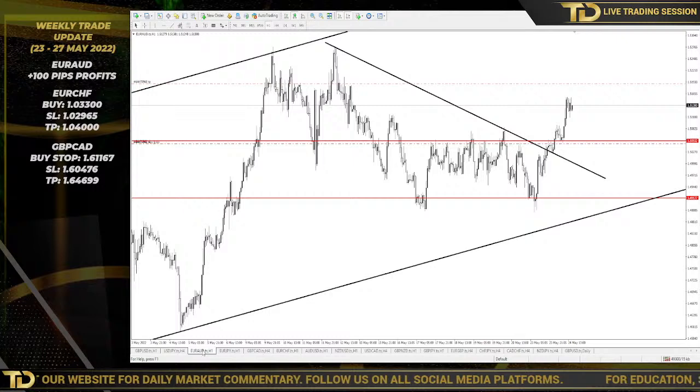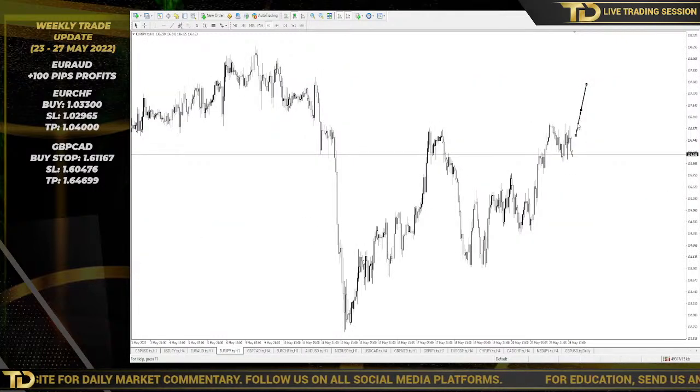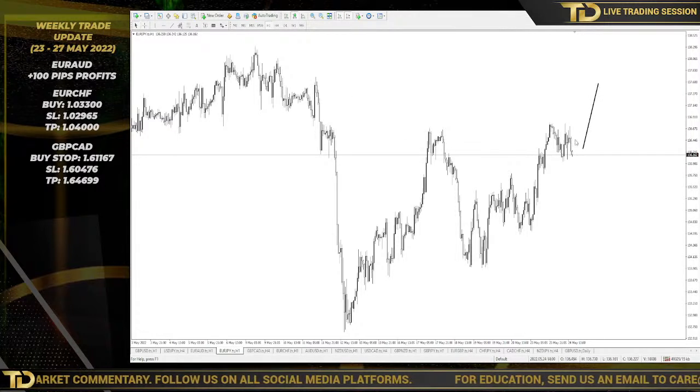And then EURUSD is active. EURJPY, we are carefully looking at this for some buy trades. Let's see how it will move.